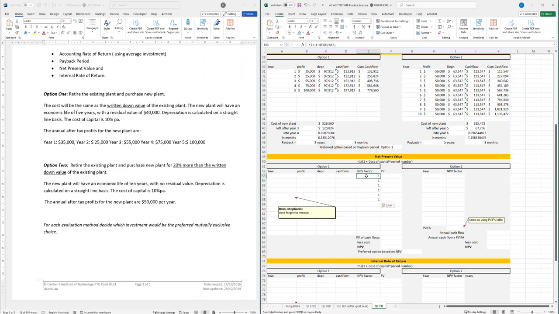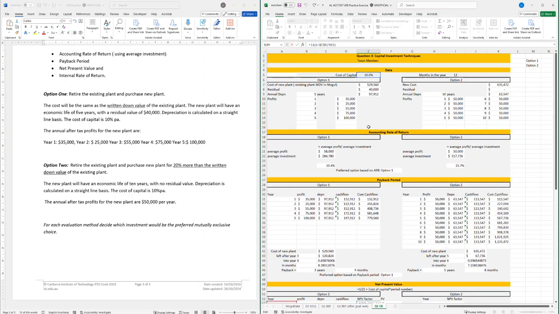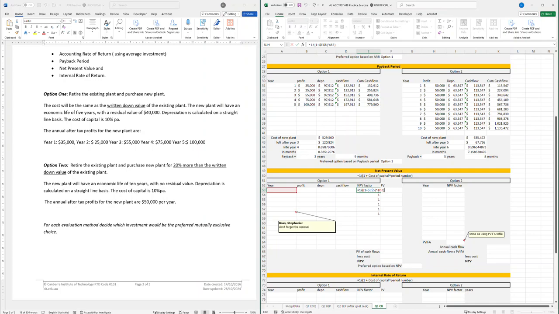The formula is equal to 1 divided by 1 plus your cost of capital, which is at E5, that's 10%, to the power of the period, which is 1 year, 2 year, 3 year, 4th year. I think they're missing a bracket here, and then it will make sense. That's the factor.